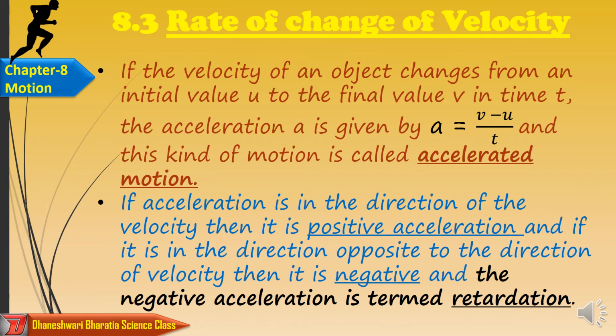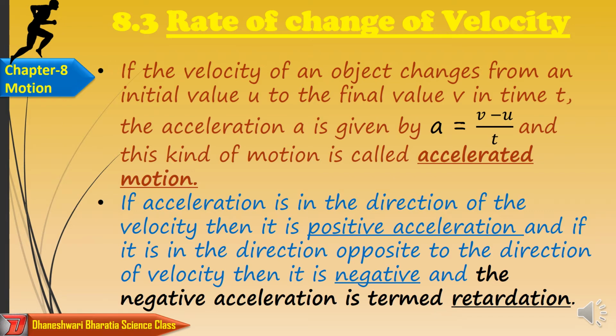so if the velocity of an object changes from an initial value u to the final value v, that is, starting from the beginning and at the end, when any object starts moving, that time its velocity is almost zero, and whenever it reaches a particular point, or I can say the final destination, that time its velocity will be different, right?